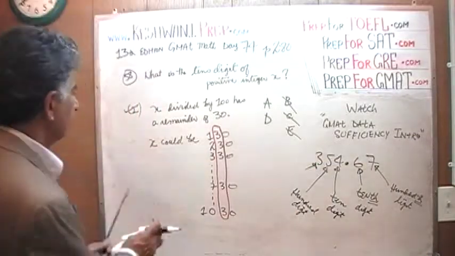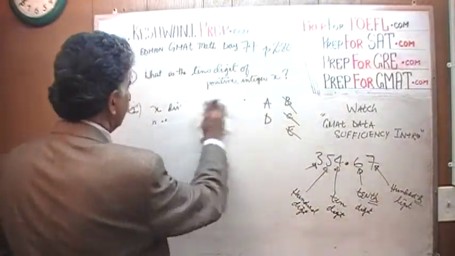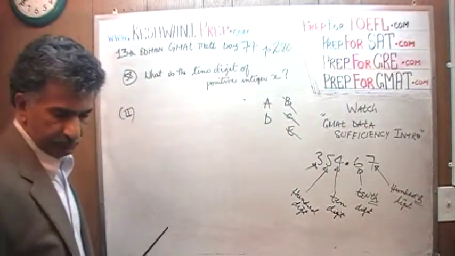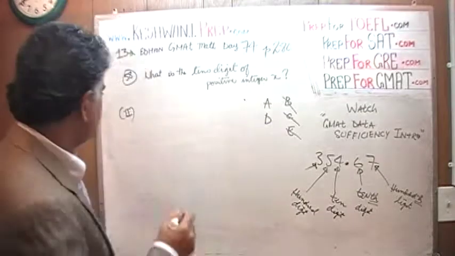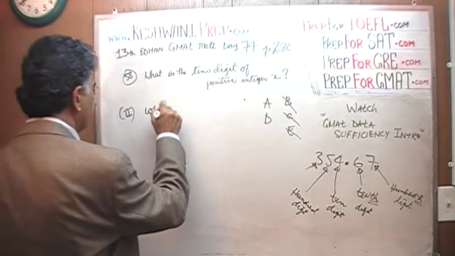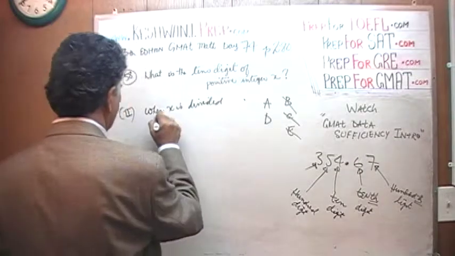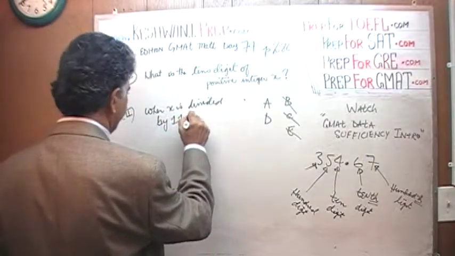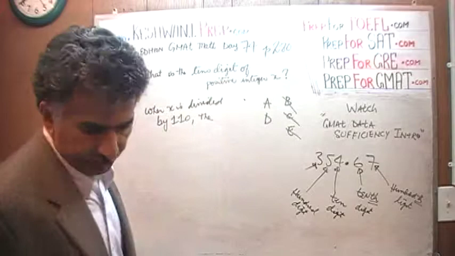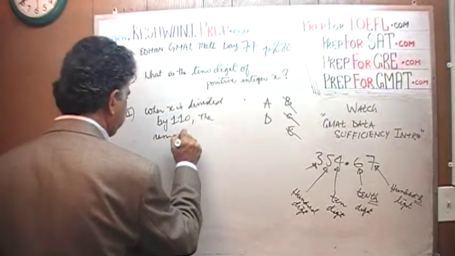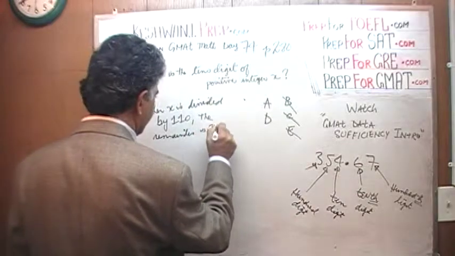Let's look at the second statement. The second statement says, when x is divided by 110, the remainder is again 30.